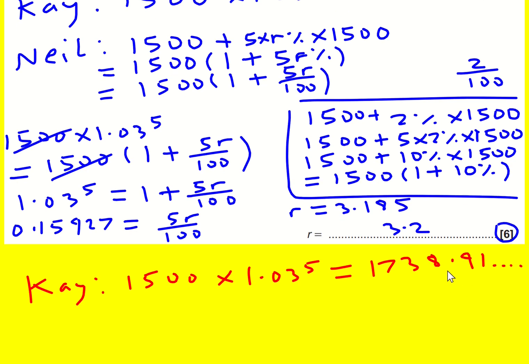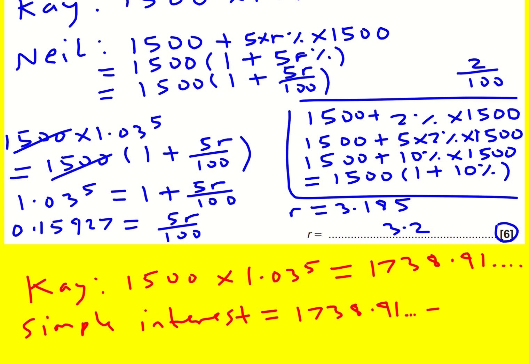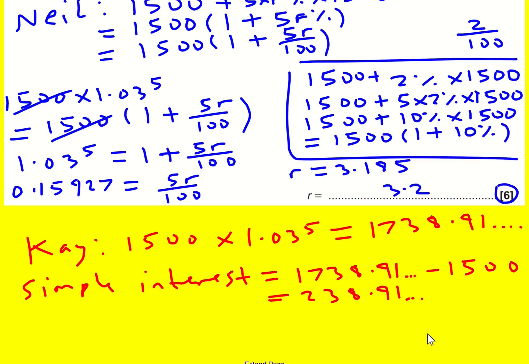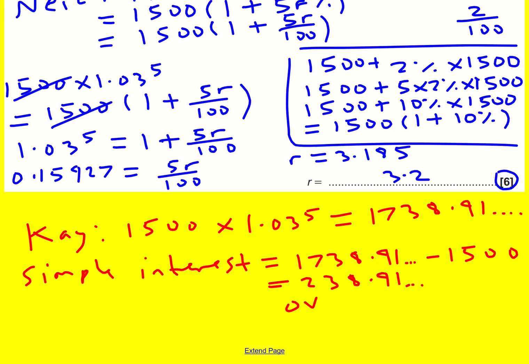And so we know that's the same amount as the total from the simple interest. So the simple interest itself is going to be the total amount minus the starting amount. And that's going to be 238.91. And that's over 5 years.